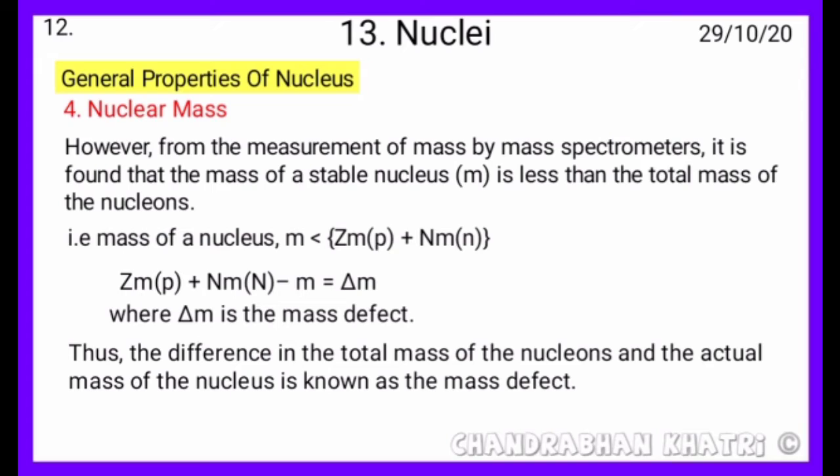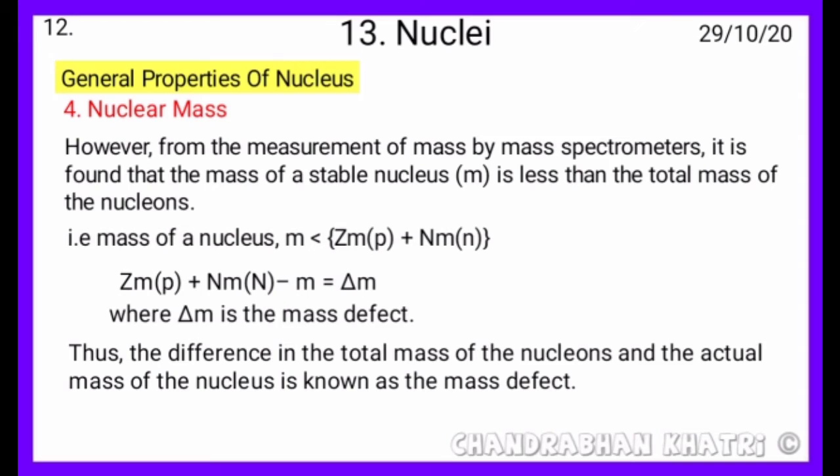However, from the measurement of mass by mass spectrometer, it is found that the mass of a stable nucleus, small m, is less than the total mass of the nucleons. That is, mass of nucleus small m is less than Z into Mp plus N into Mn. That one is Z Mp plus N into Mn minus small m, which is equal to delta m, where delta m is the mass defect.